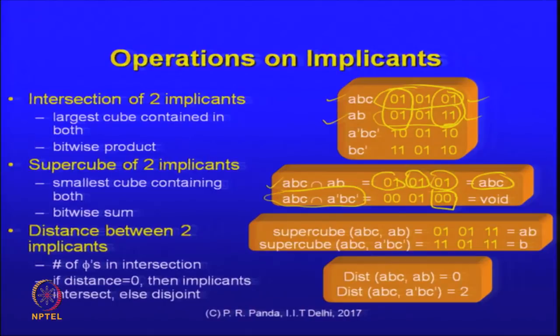So, those are the operations. You can now see the reason why this notation was chosen in a way as to enable these operations, for example, because the intersection supercube, these operations are going to be performed again and again, we want them to be efficient. And if I can implement those operations as bitwise products or sums, you know that the actual translation into instructions and so on might be very efficient, and therefore, that is the basis of the choice of this encoding of implicants.